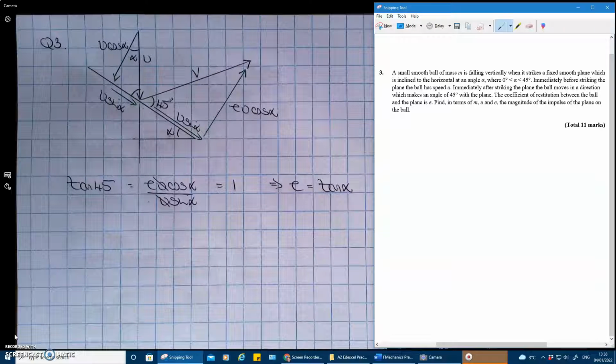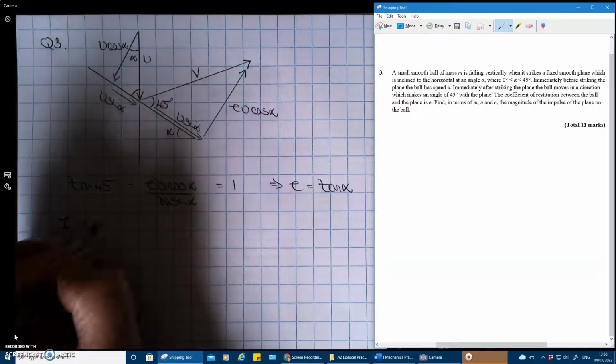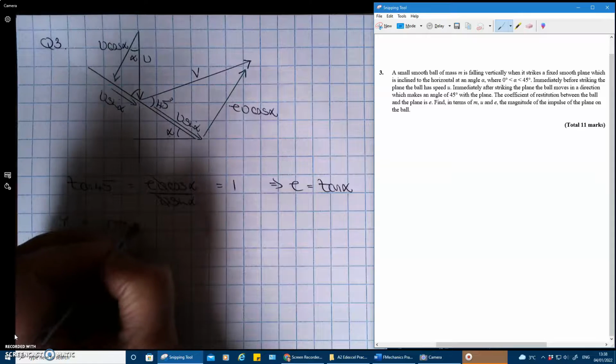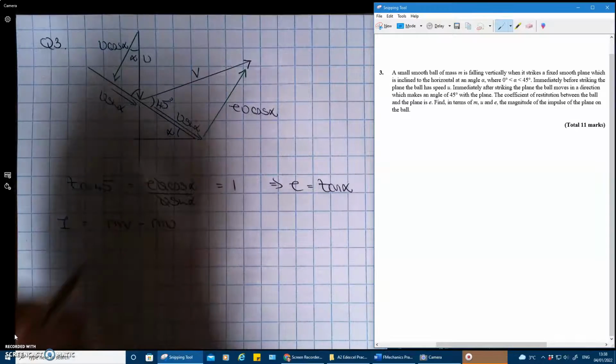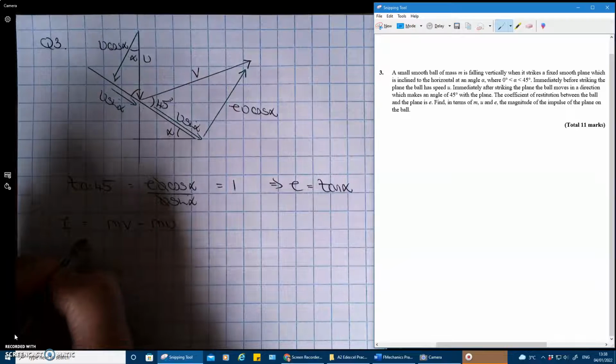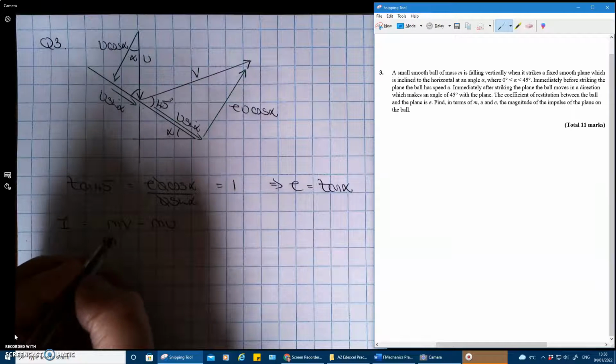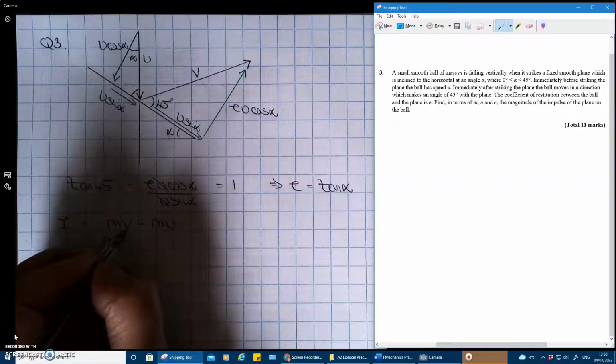Okay, now the question actually asks you about the magnitude of the impulse. So impulse is mv minus mu, okay, change in momentum, which is v, the velocity afterwards.